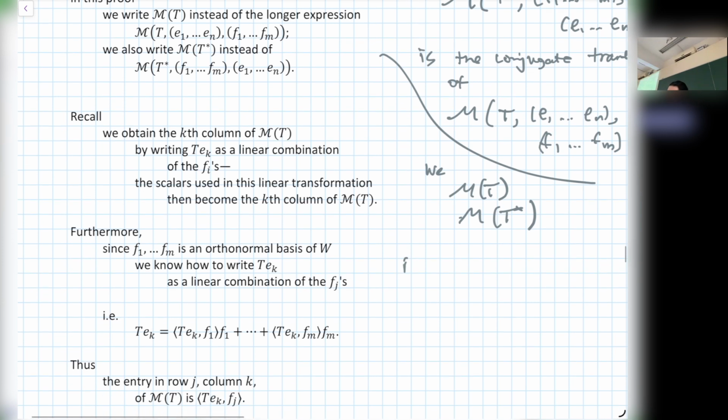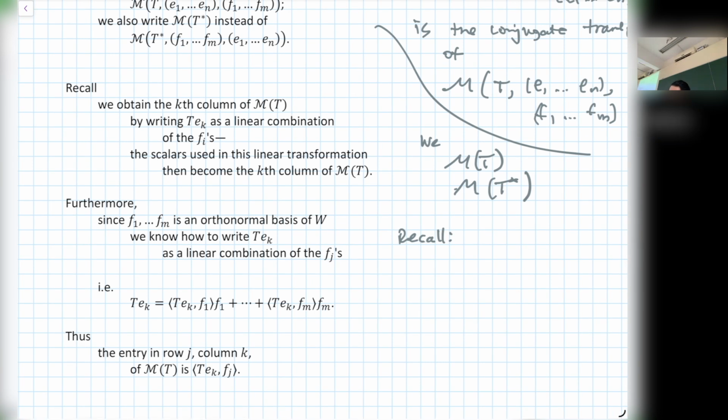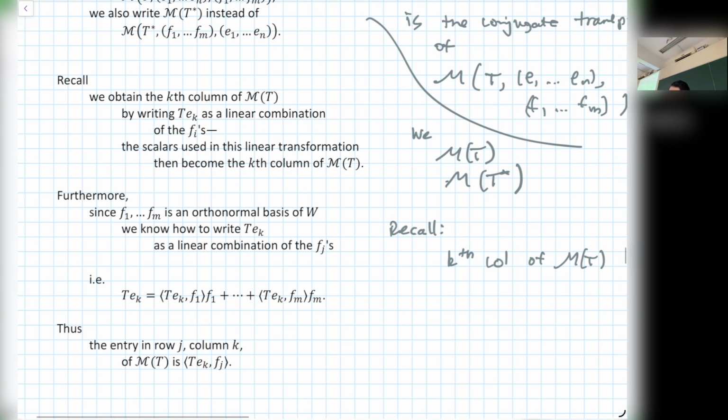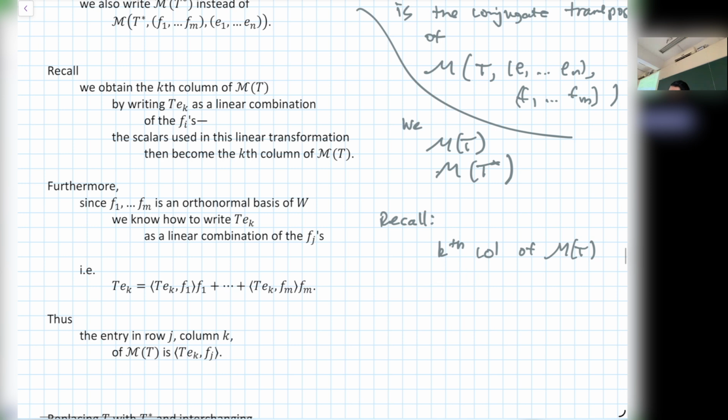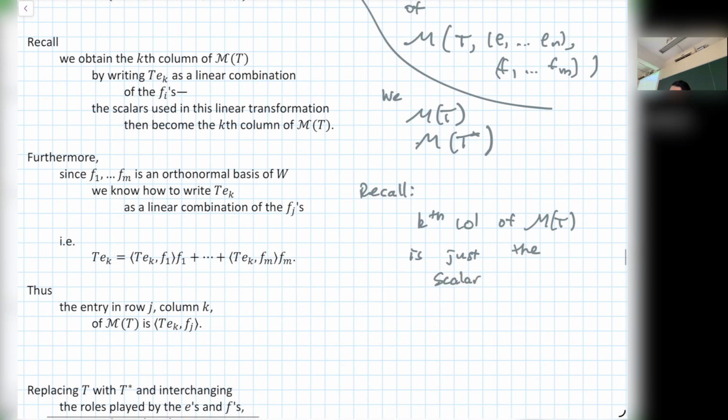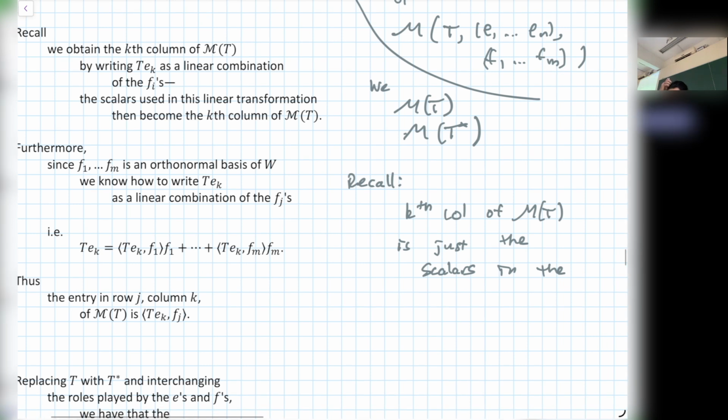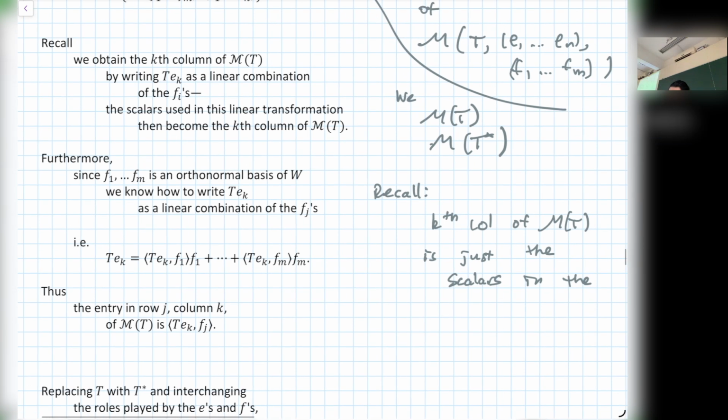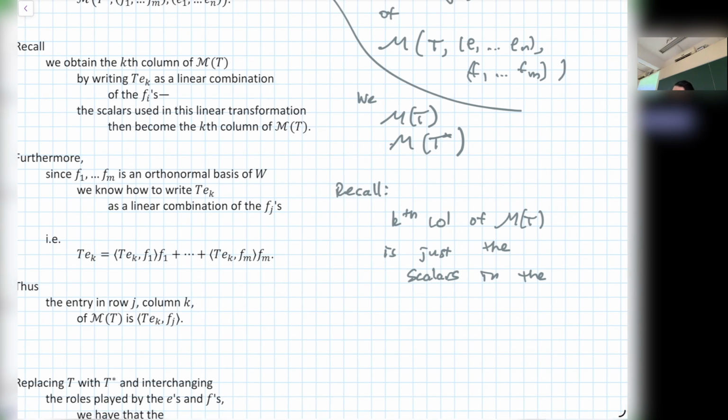Now recall this very simple fact that when you're writing MT, the kth column of MT is just the scalars in the linear combination of T(E_k) in terms of F1 to Fm.